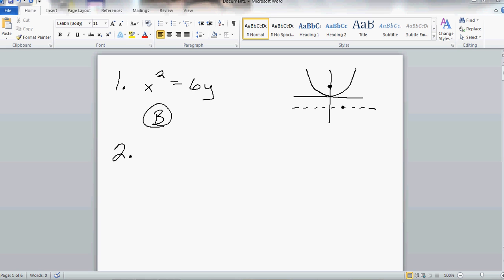This point here is called the focus, and it has a huge part in how the parabola is made. This distance right here is called P, and this is true whether it is at the origin or not. The distance between the vertex, which is right here, and the focus is always P.